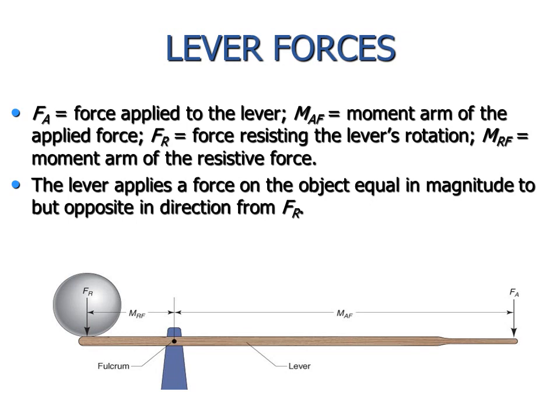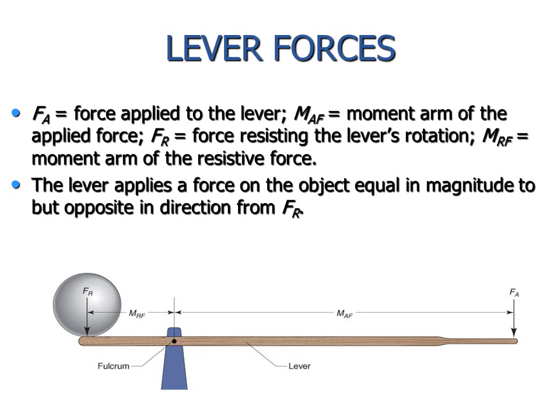We call that FA, or the applied force. And the distance of the applied force to the fulcrum, we call that MA, which is the moment arm of the applied force. And we're going to see that in order for this teeter-totter to be in balance, the product of the force times the moment arm on one side of the fulcrum has to equal the product of the force and the moment arm on the other side of the fulcrum.